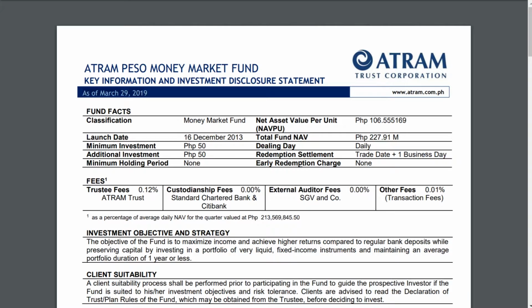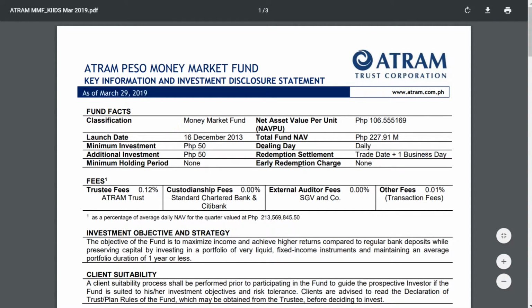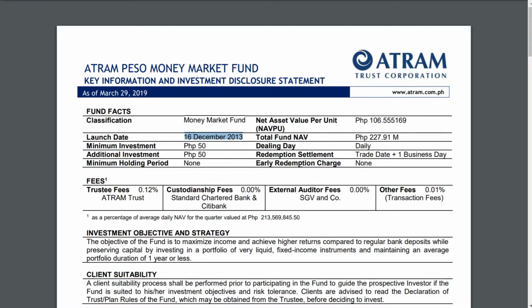Let's go through a quick overview of the fund facts. Classification: Money Market Fund. Launch date is December 16, 2013. Minimum investment is 50 peso. Additional investment is also 50 peso, so we can add money in multiples of 50 peso. The minimum holding period is none.